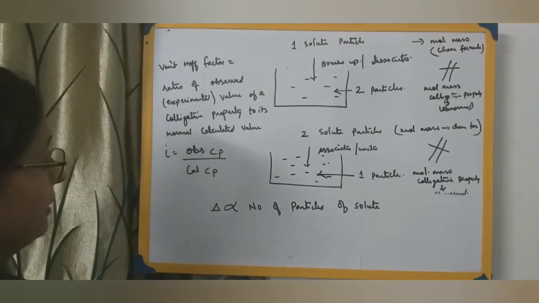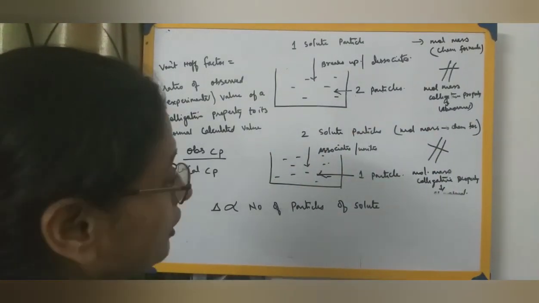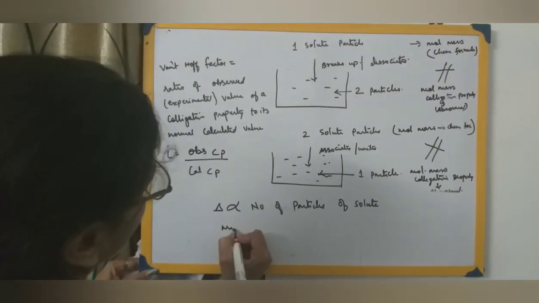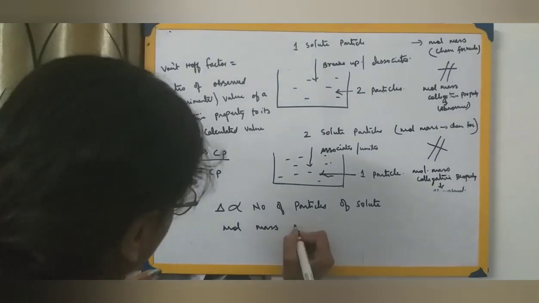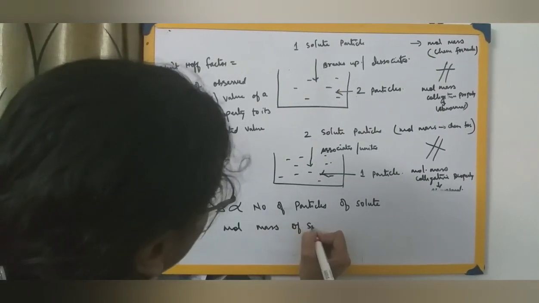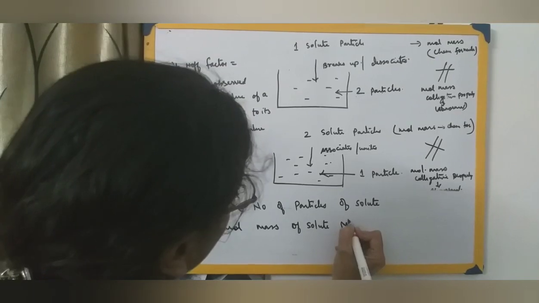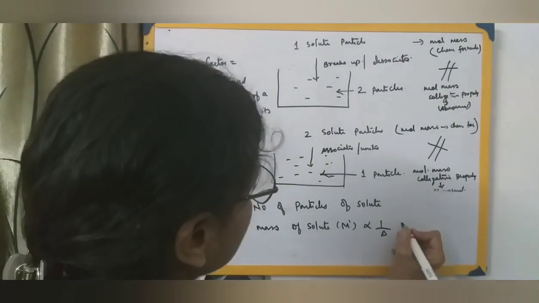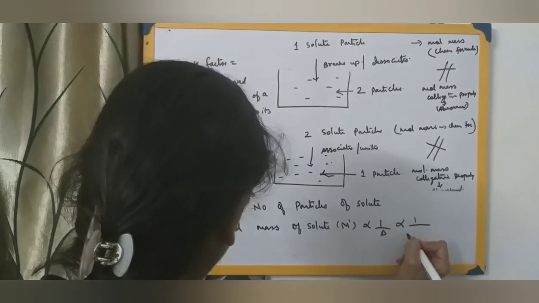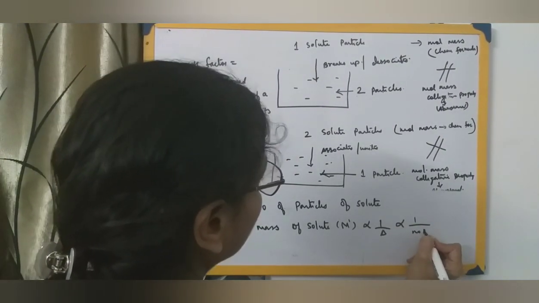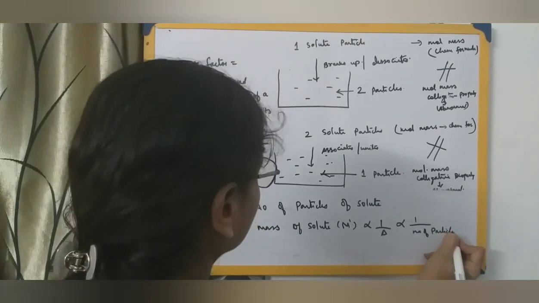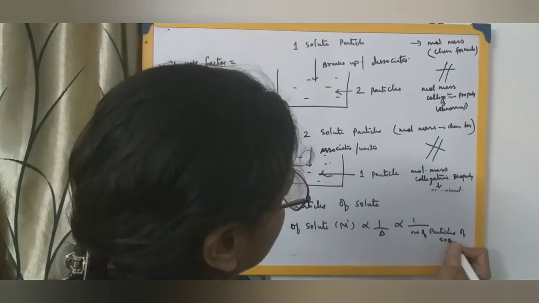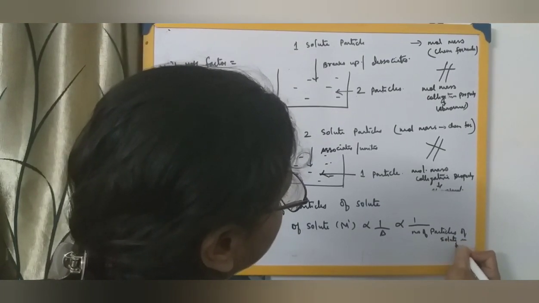And at the same time, when we calculated the formula for the molecular mass, we always found that the molecular mass of solute, that is m dash, was always inversely proportional to the colligative property, or inversely proportional to the number of particles of solute in solution.